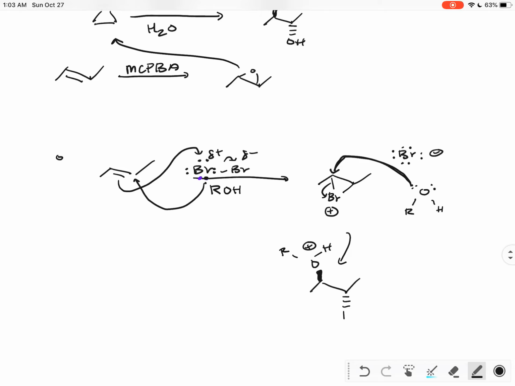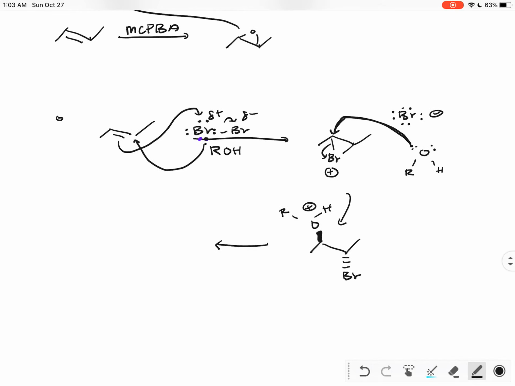And now this bromine is coming behind us. And we'll have some base ambiguously come and deprotonate. So we're left with OR and Br.